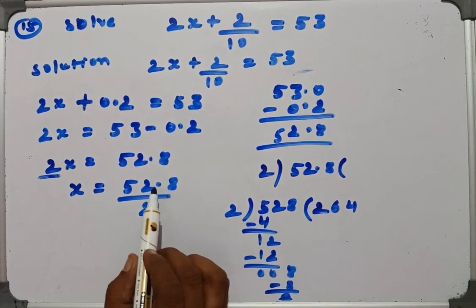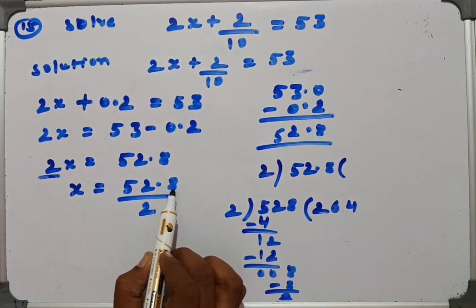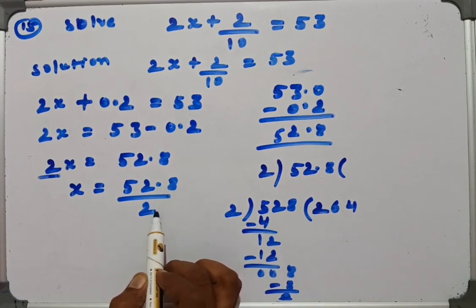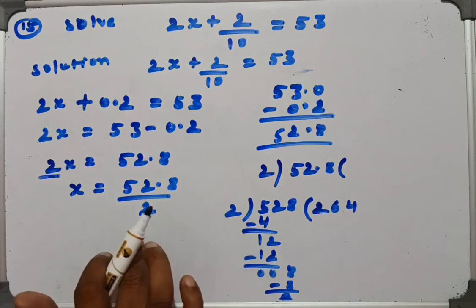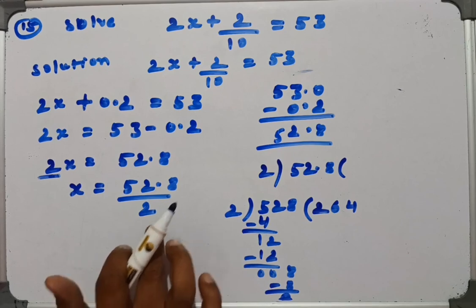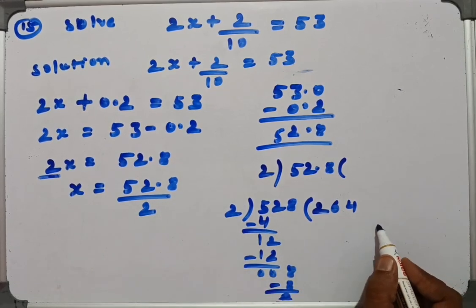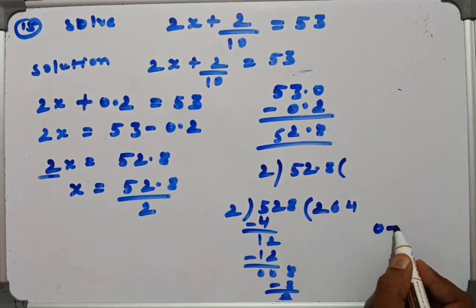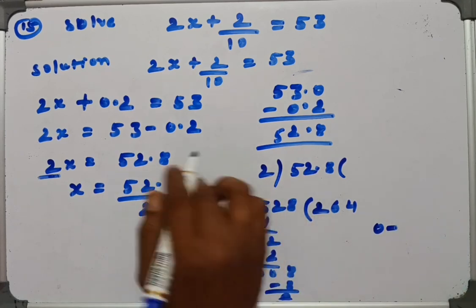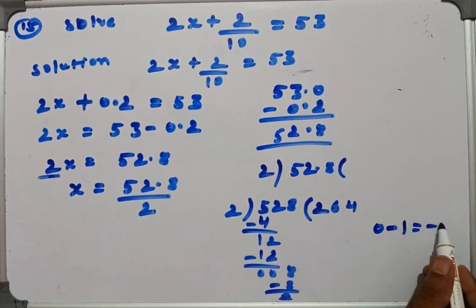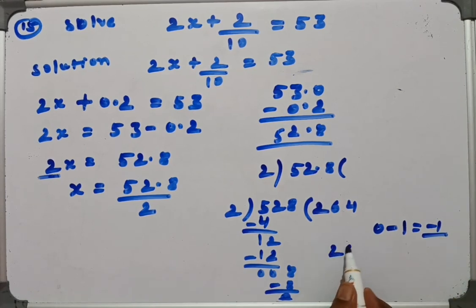In the numerator there is only one decimal place, here nothing, so 0. You already have the formula about this: 0 for the denominator decimal places or 1 for this one. So this one is minus 1. Here the negative sign is coming. So what you have read? 264 by 10.